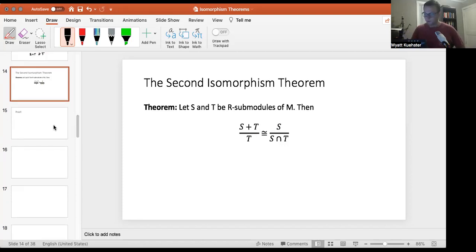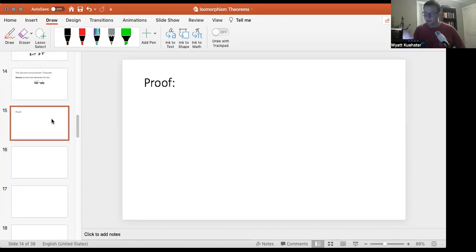And the only hard part of this proof is coming up with a map. So I'll tell you the map.